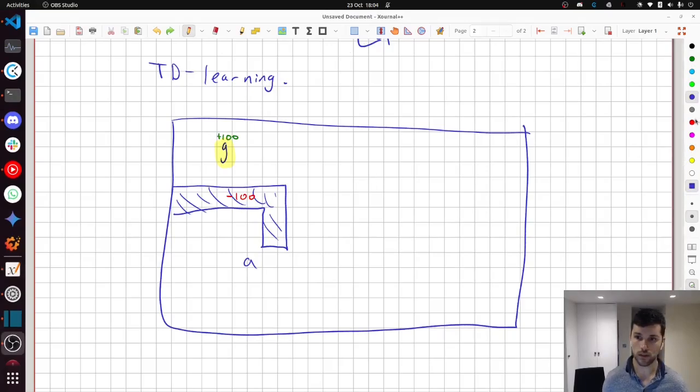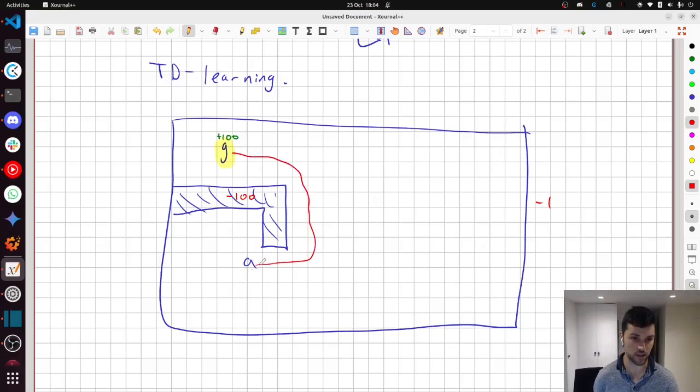And we'll also do -1 for every time step as a kind of punishment for taking time to do the task. So it's better to do this than it is to do this, because this takes longer. And also, just to make this a bit easier, we'll discretize. So this is not a continuous space now. Let's just use these little grid squares here as discrete states, and the agent can move left, right, up, or down.